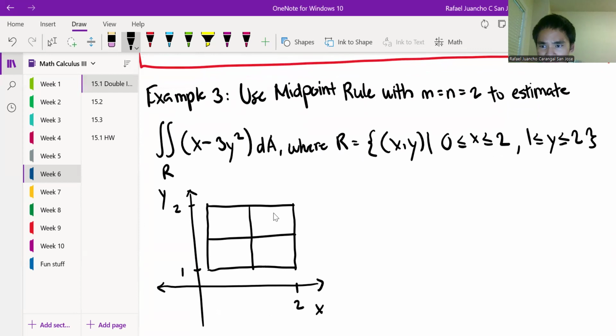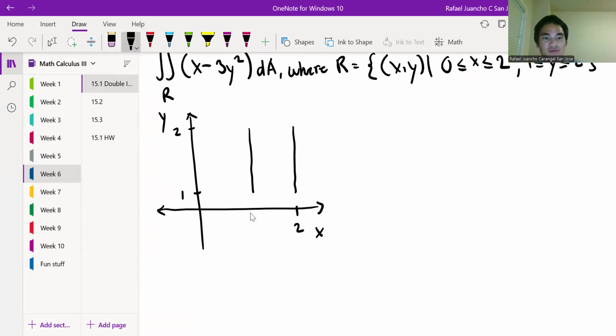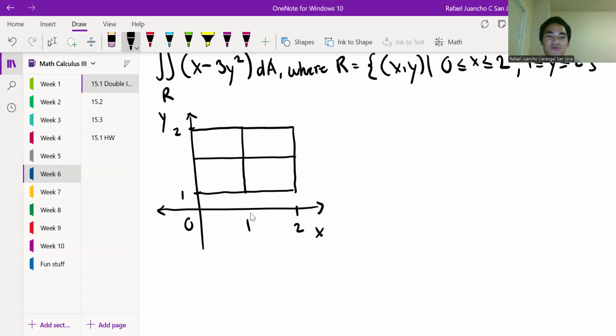Oh, wait a minute. My bad. This is actually supposed to go all the way here. There we go. Because this is supposed to be 0. Right, and then this is 1, and then this is 1 plus 2 is 3, 3 halves, 1.5.